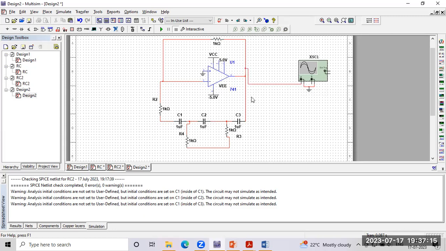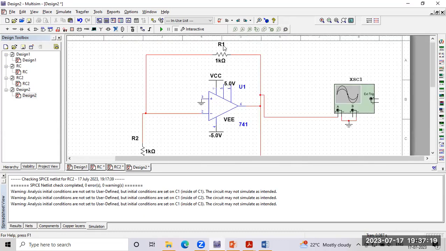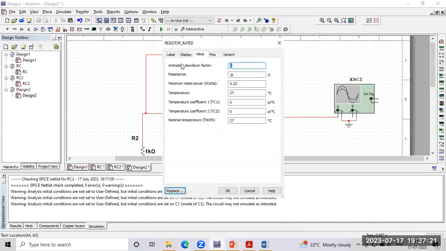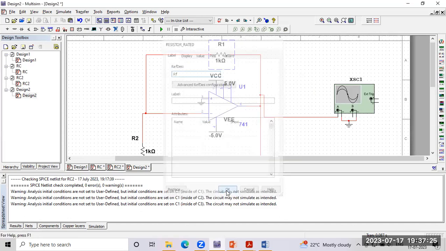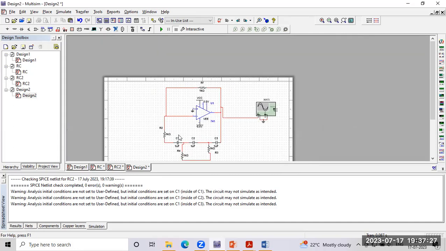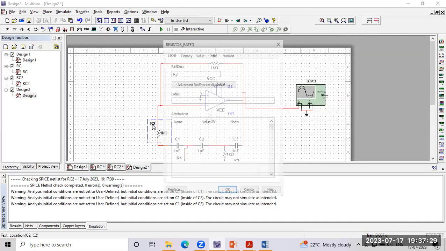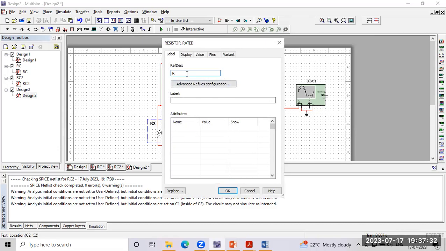Channel A to the output. What is the value of RF? You can change it. R1 is nothing but RF, the feedback resistance. Next, here, triple R. This is nothing but only R or R1.